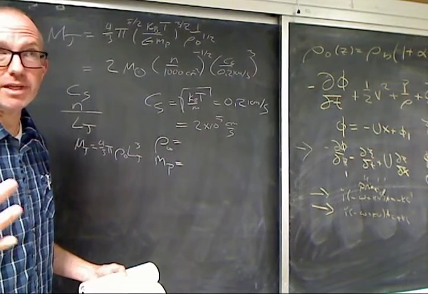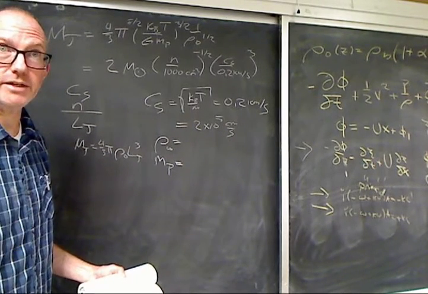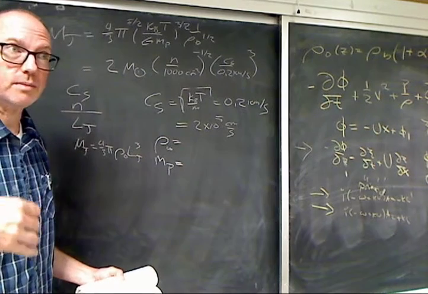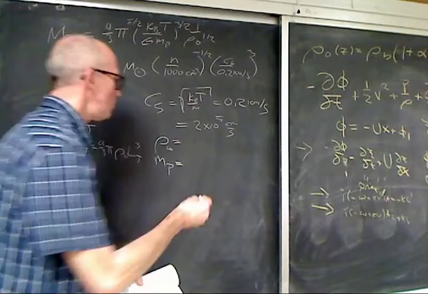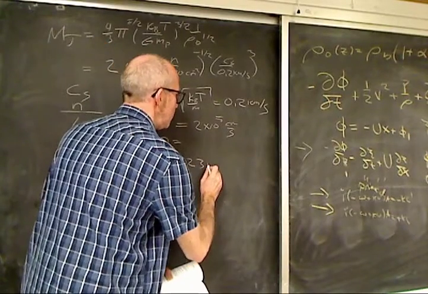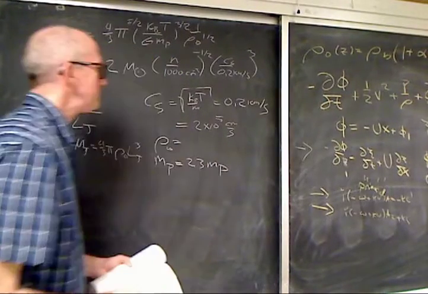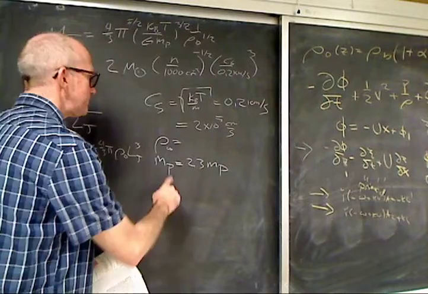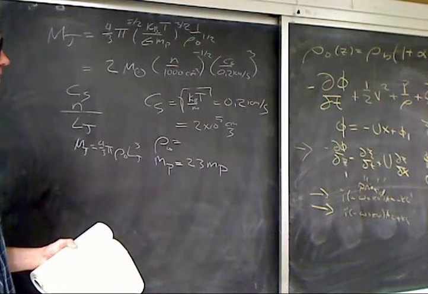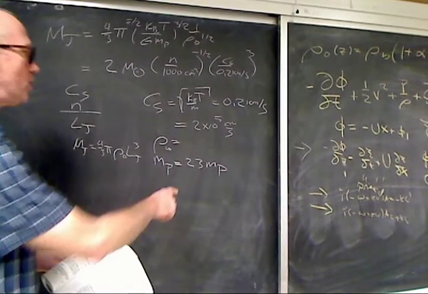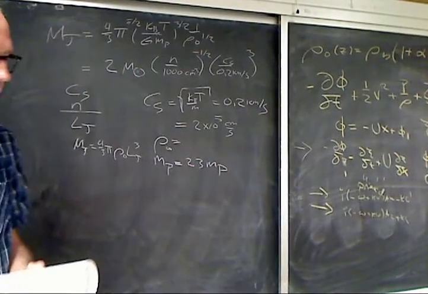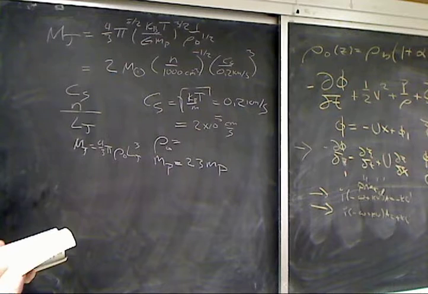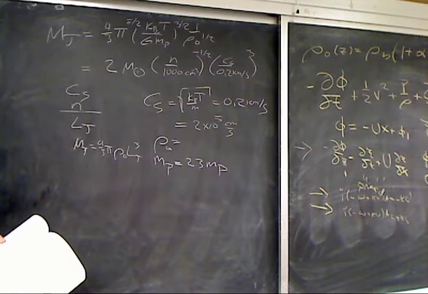Realistically, in a molecular cloud, there's more than just hydrogen. There's also carbon monoxide and helium, and those make everything bigger. So we use 2.3 times the mass of the proton as the mass of the particle. I used MP twice there, sorry. So the mass of the particle is 2 times the mass of the proton. That's not something that I expect anybody to know, but that's what I used for the problem.